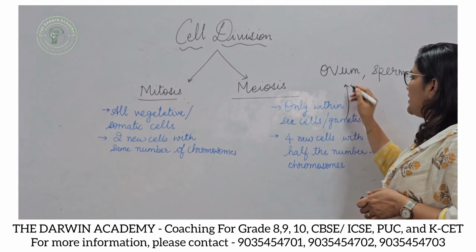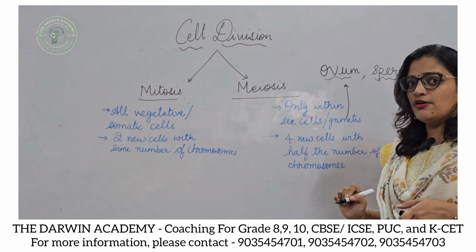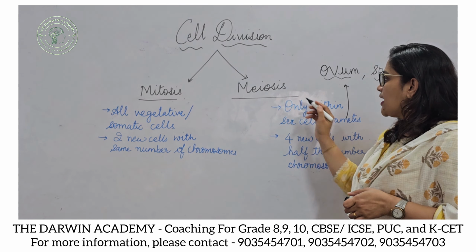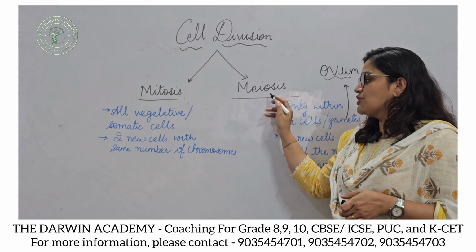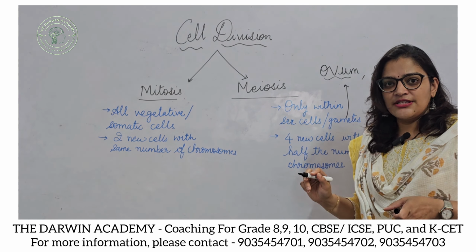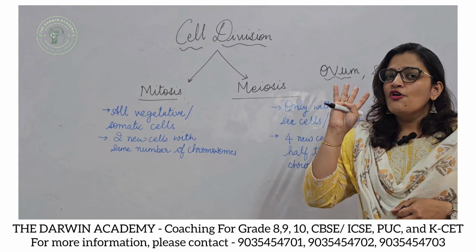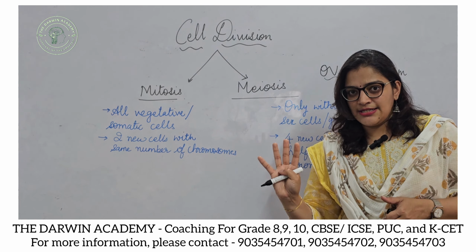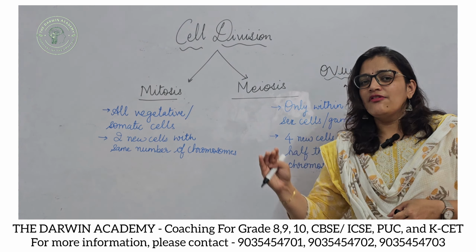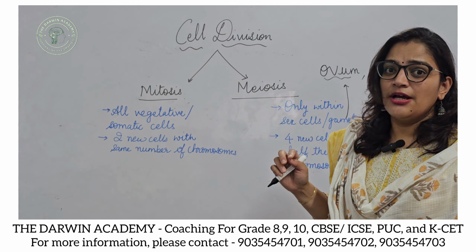So, only when the ovum is produced or when the sperm is produced, the cells would undergo a type of division which is called meiosis, and as a result of meiosis, one mother cell would give rise to four new daughter cells which will have half of the number of chromosomes when compared to the mother cell.